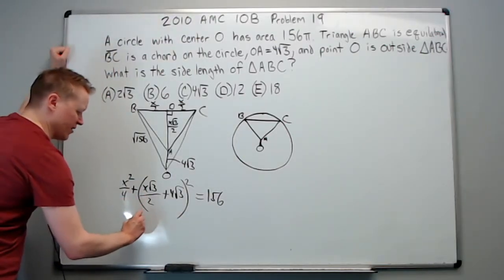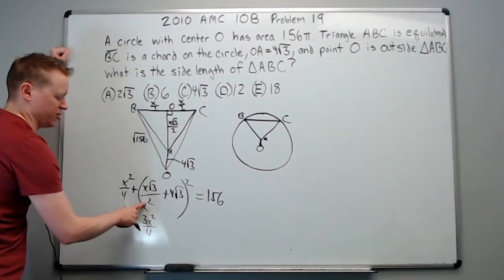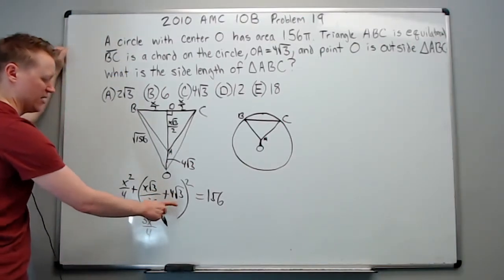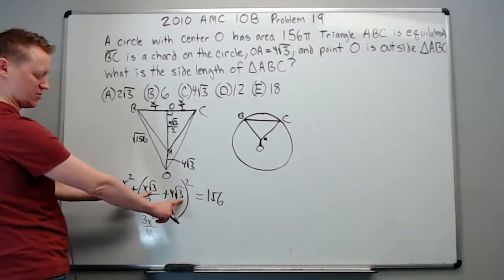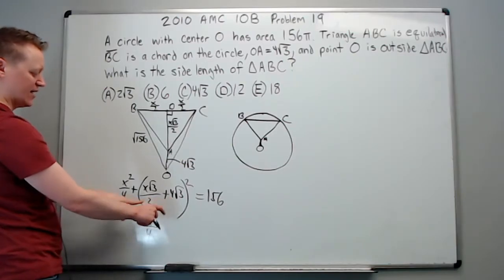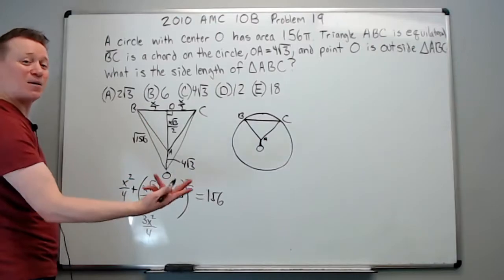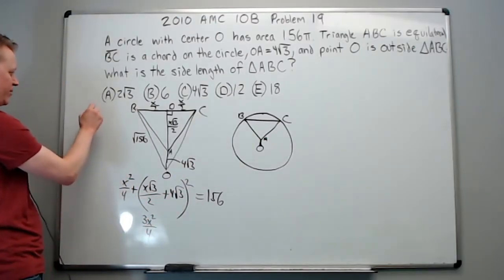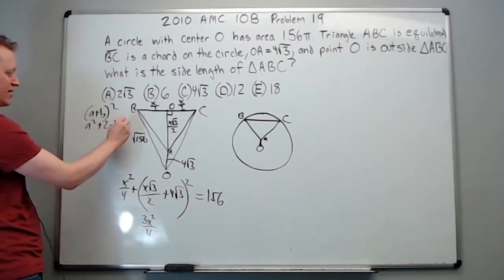We're going to get 3x squared over 4 is the first term, then this times this, which is going to be 6x, because it's root 3 times root 3 is 3, times 4 is 12, divided by 2 is 6 times the x. So 6x, double that, right? What we're doing is a plus b squared, a squared plus 2ab plus b squared.